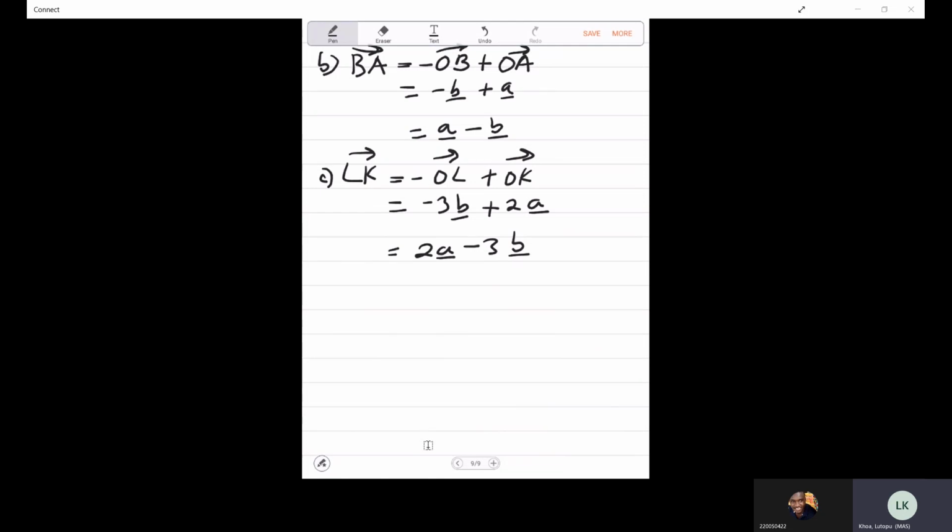It doesn't necessarily have to be the positive one first or the one that comes first alphabetically, but it looks nicer that way. And then D, we are given some more information. We're given that BC is equal to 4BA.